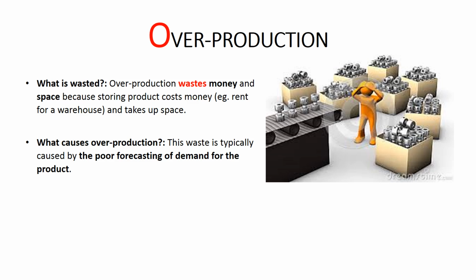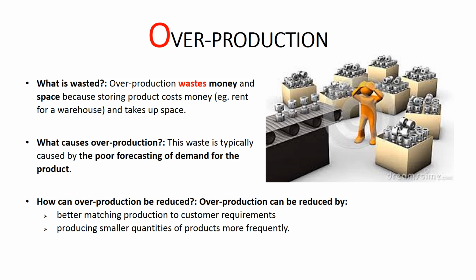Second, what causes overproduction? Overproduction is typically caused by the poor forecasting of demand for the business's products. And third, how can overproduction be reduced? Overproduction can be reduced in one of two ways. First, by better matching production to customer requirements, and second, by producing smaller quantities of products more frequently.